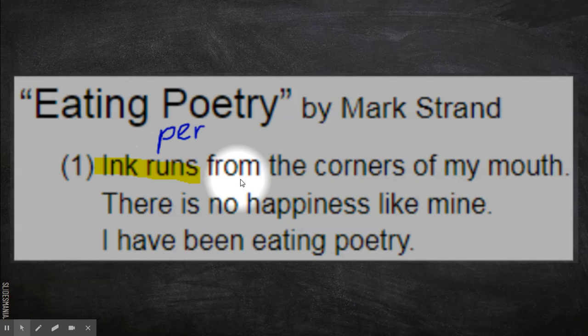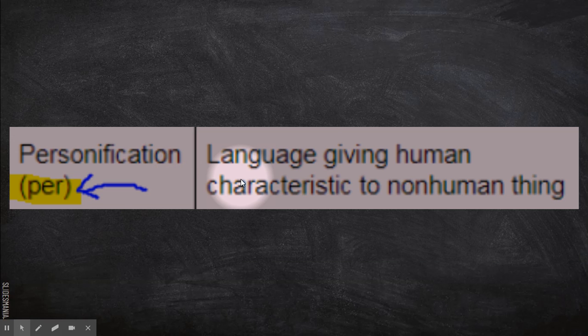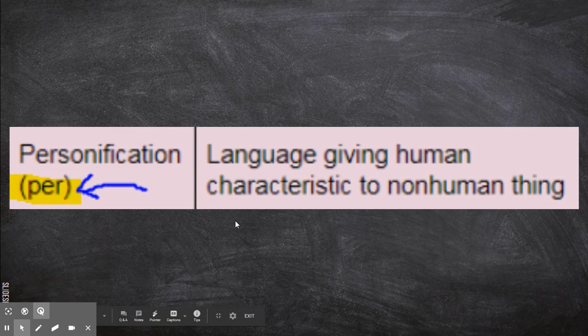I know ink can't run. That's personification. Any language that gives human characteristics or traits to non-human things, that's personification. And you see the arrow there pointing to the highlight, PER. That's an abbreviation for personification. Use those abbreviations in your notes. It'll save you time, space, and it'll just look neater.